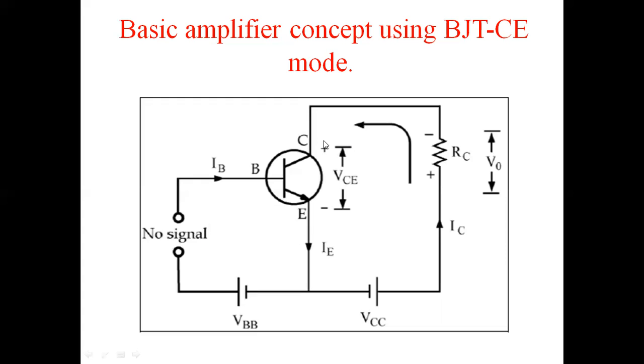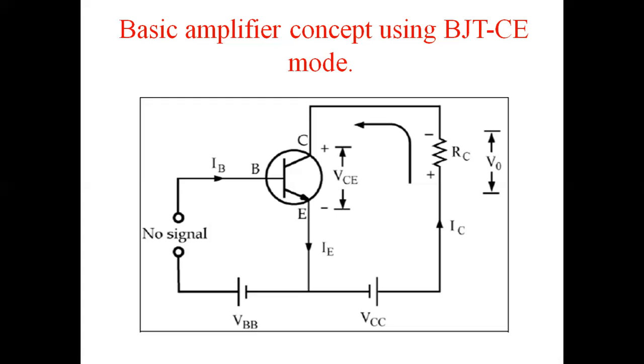But before going to this, let me tell what an amplifier is. An amplifier is an electronic circuit, a basic circuit formed by the transistor, used to strengthen a weak signal to the required level without changing its frequency and shape.